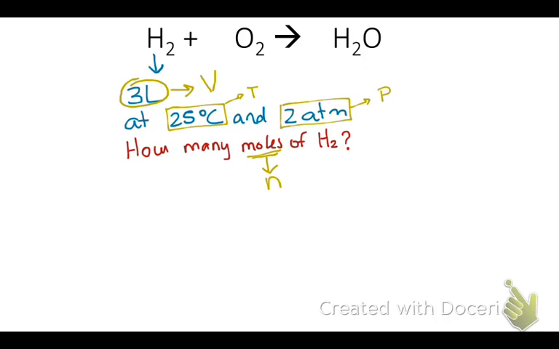So which is the formula you will use here? PV = nRT. You need to use this formula because you cannot use P1V1/T1 = P2V2/T2, because we don't have an initial and final pressure, volume or temperature. So please calculate the result.